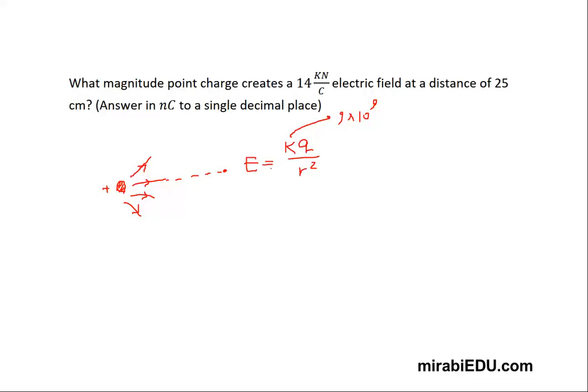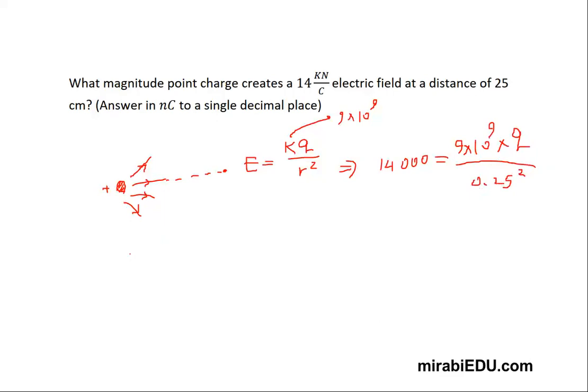So I'll start solving by replacing the values. The E is given to be 14,000 because it is 14 kilonewtons per Coulomb. K is 9 times 10 to the 9, and Q is being asked. R is 0.25 meter, because 25 centimeters is 0.25 meter, squared.